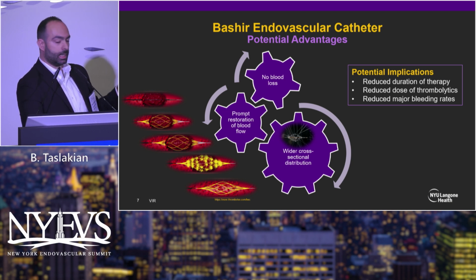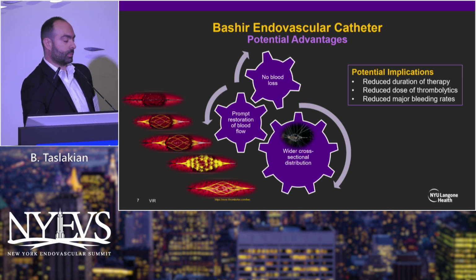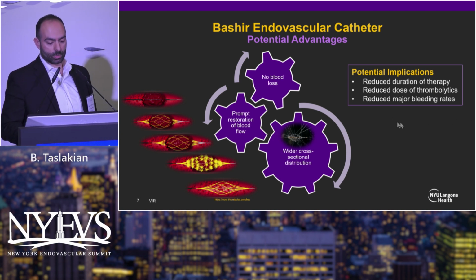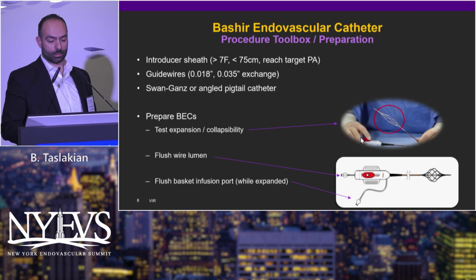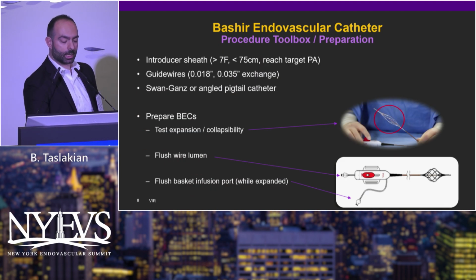Based on these potential advantages, the potential implications can be reduction of the duration of the treatment, which causes reduction of the dose of the thrombolytics and reduction of the major bleeding rates. Of course, we need more data from the literature, but these are the potential implications and the potential benefits.